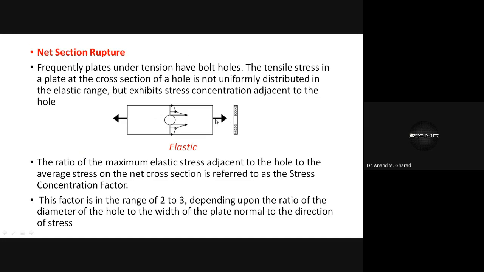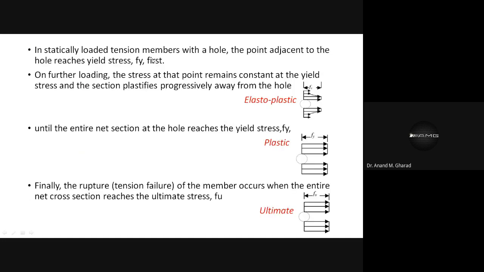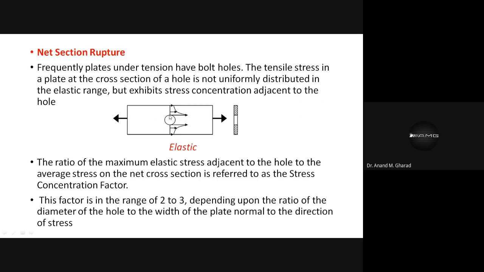It is not dynamic load. Under static loading, what happens? The point adjacent to the hole reaches the yield stress, that is Fy value. So you can see this much portion, which earlier was the maximum part, now slowly this non-linear variation, it will go into the plastic range.